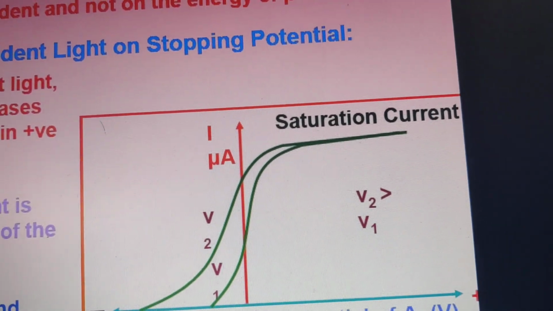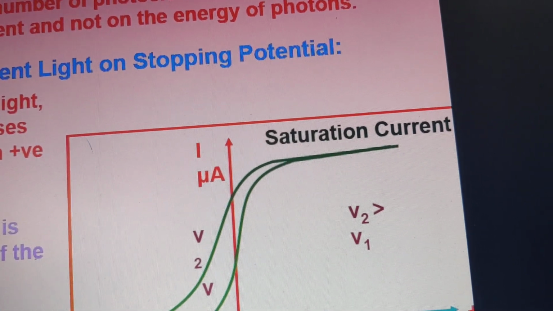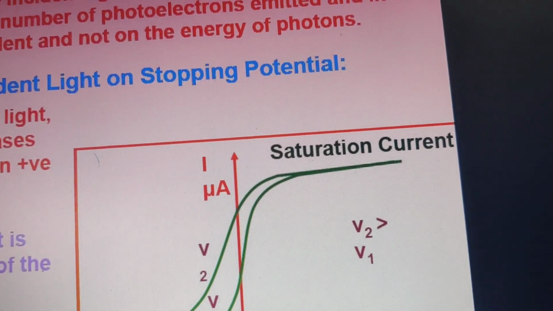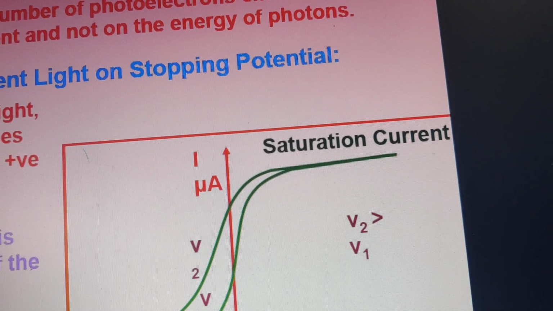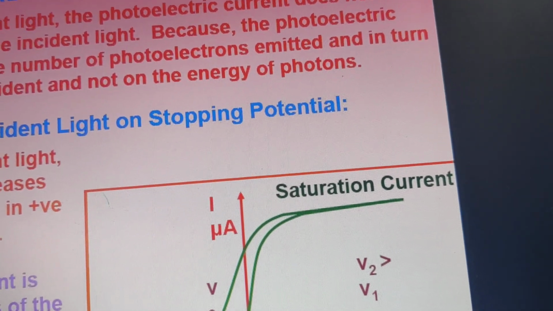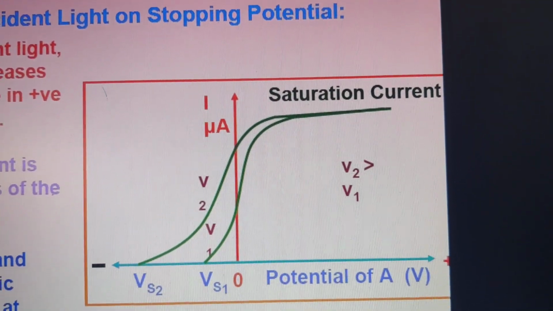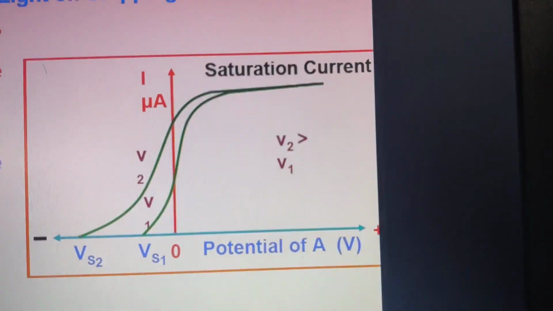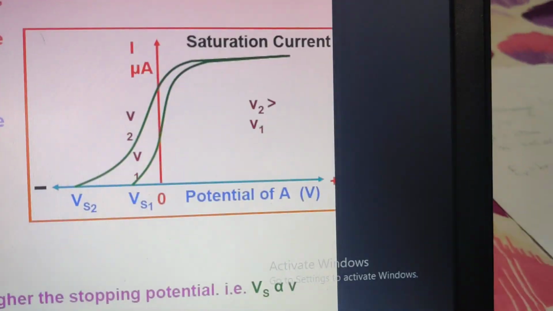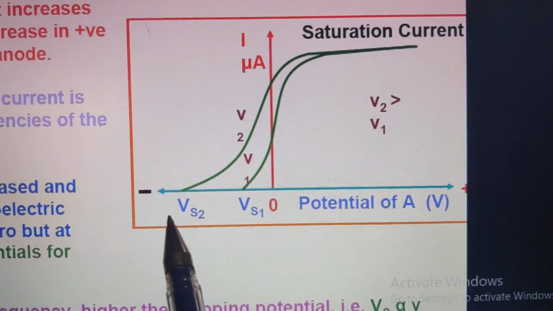When the potential is decreased and taken below zero, the photoelectric current decreases to zero, but at different stopping potentials for different frequencies. The higher the frequency, the higher the stopping potential, that is, Vs is proportional to ν. This is Vs1, this is Vs2.